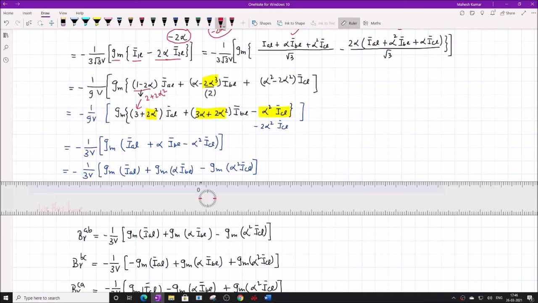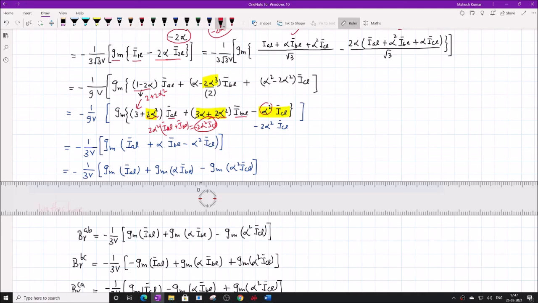So 3 is common, you see. Okay, this 2 alpha square and 2 alpha square is common between IBL and IAL. So 2 alpha square IBL, IAL plus IBL becomes nothing but minus 2 alpha square ICL. Okay, so minus 2 alpha square and this minus alpha square becomes minus 3 alpha square.